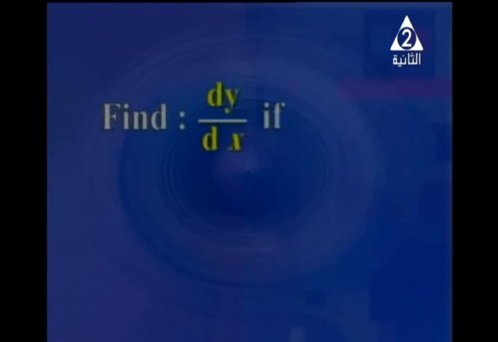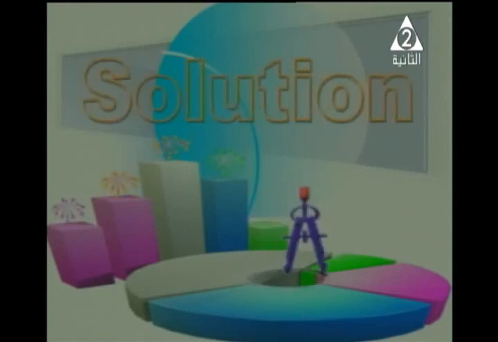Another example. Find dy over dx if y equals cosec power 2 multiplied by 1 plus 3x all power 2. Solution.